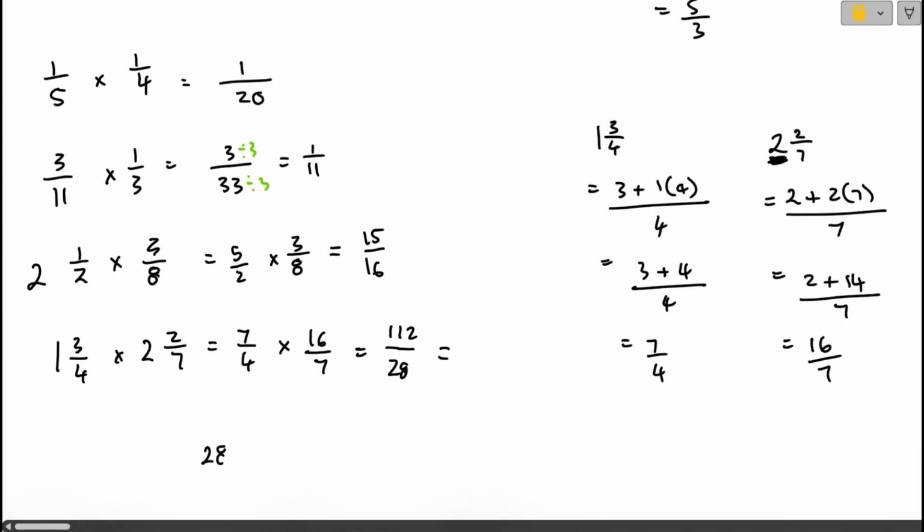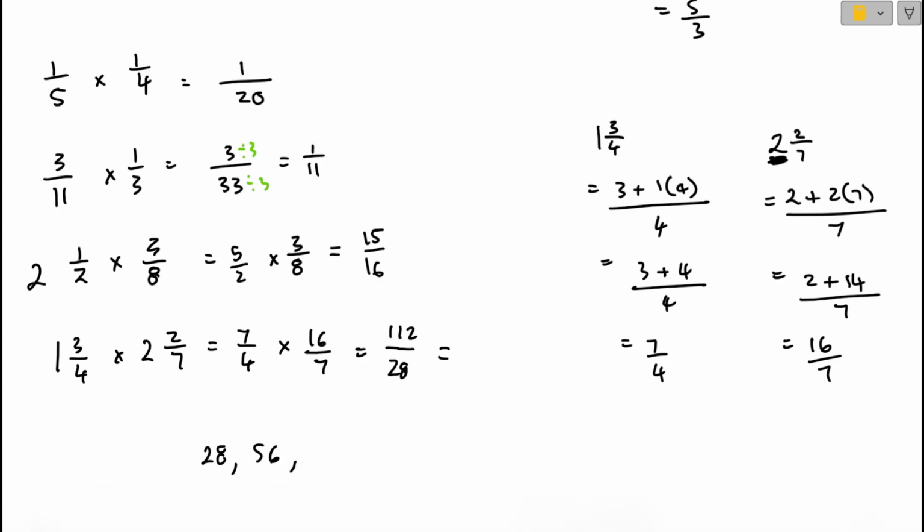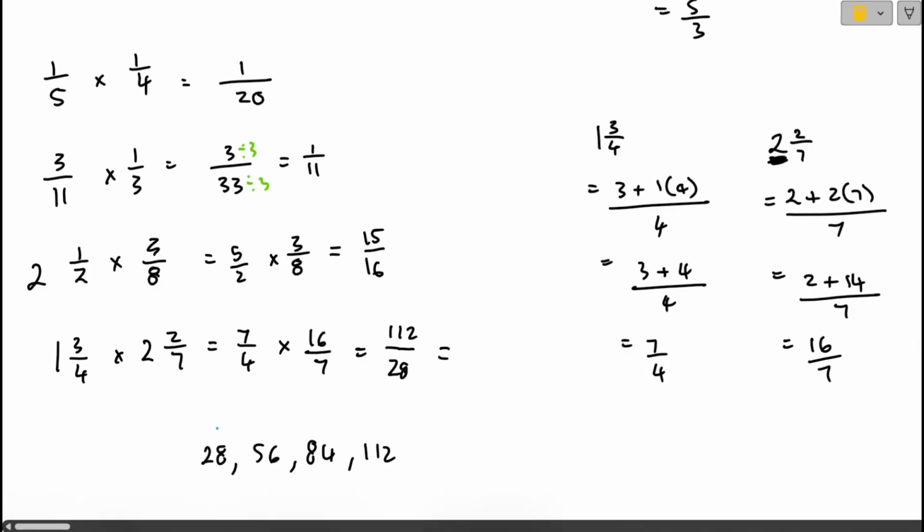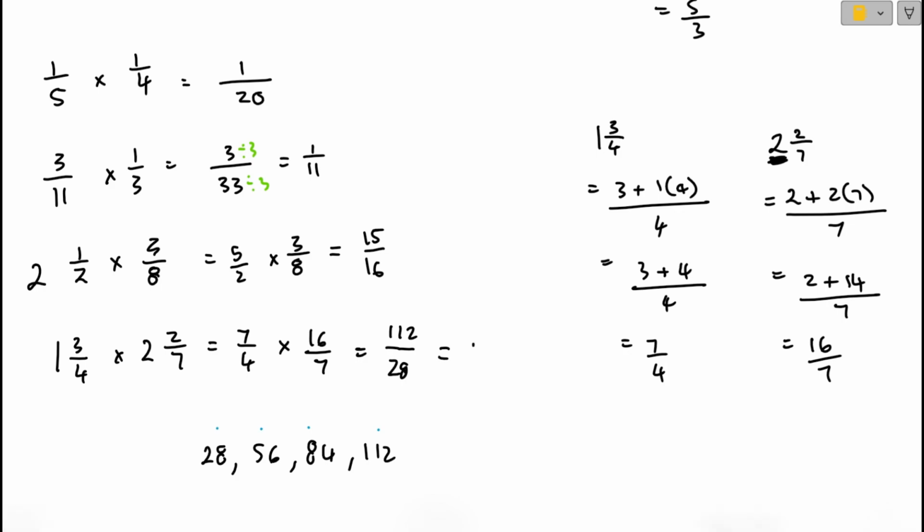So we have 28, we have 56, we have 84, and we have 112. Would you just look at that? Right, so 28 fits perfectly into 112. How many times does it fit into 112? We know it's 1, 2, 3, 4. And therefore, this answer is 4.